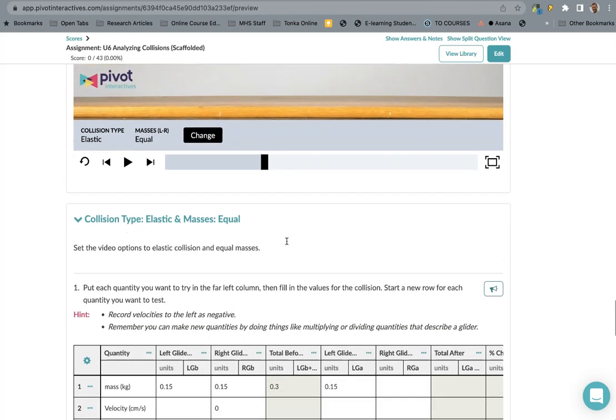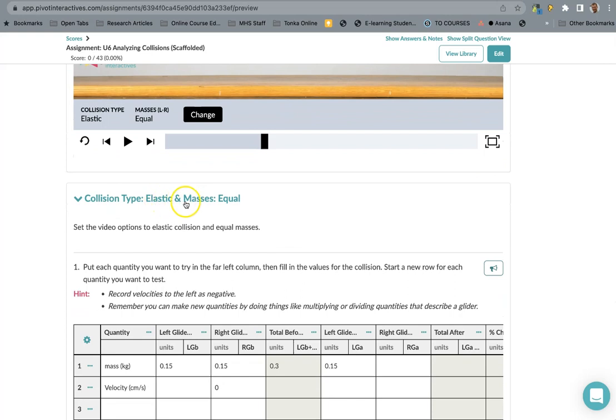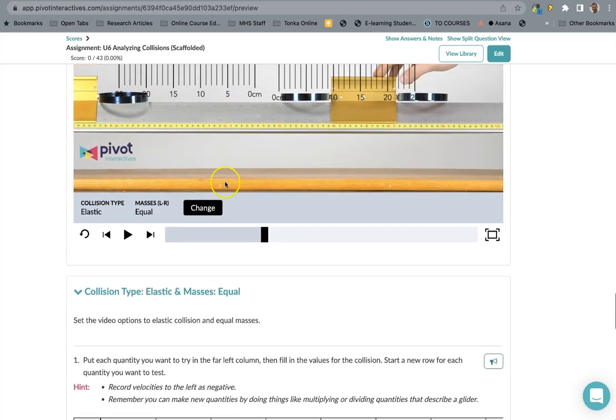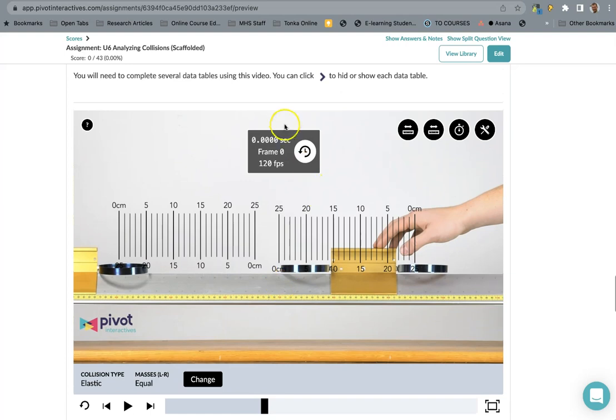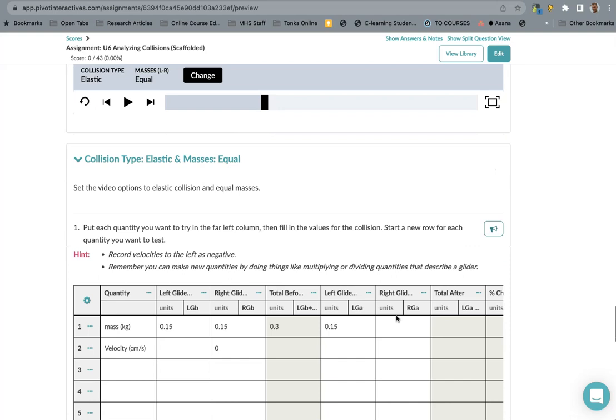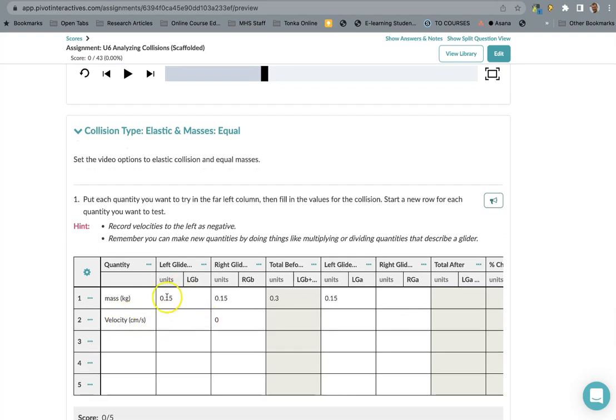In the first one, we want the masses to be equal and the collision elastic. I've already set that up. You hit the button here to change it, but I already have it set up, elastic and equal. Then I need to find the velocity it comes in at and the velocity this one leaves at after the collision, and record that in my data table. They're already telling me the masses, which is super helpful.